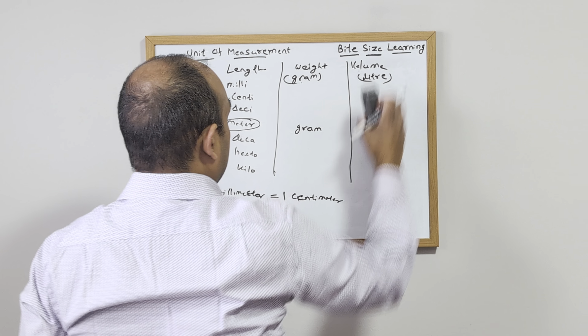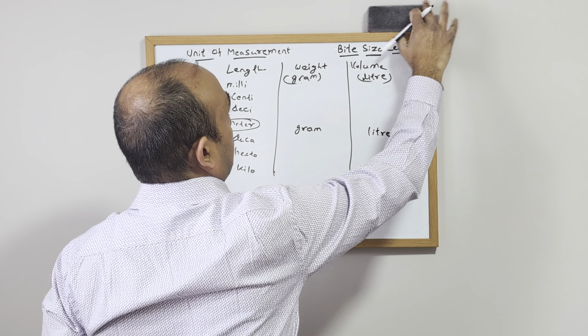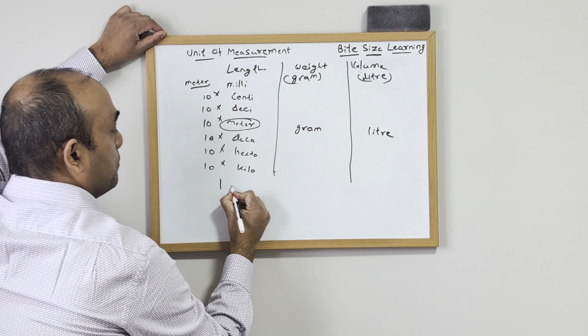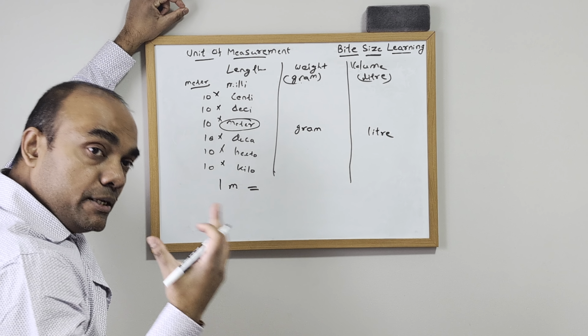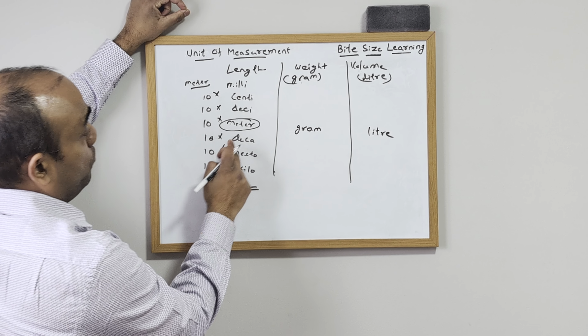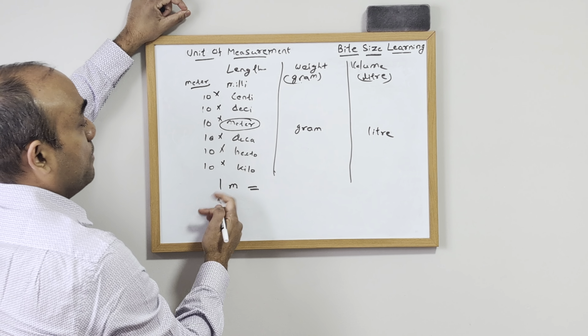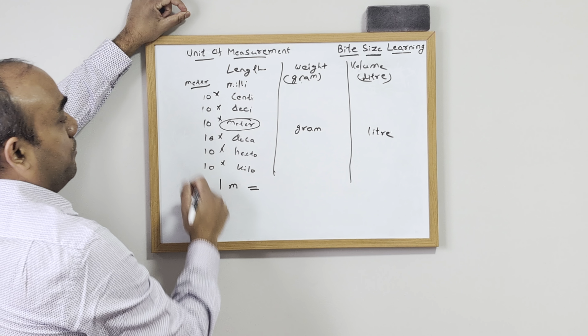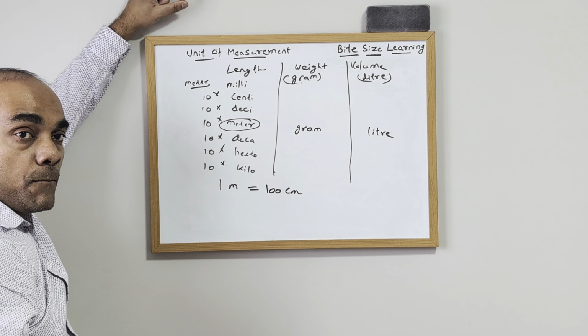So let's understand this by an example, right? So let's say you have 1 meter, right? And you want to know how many centimeters are there in a meter. So meter to centimeter is 10 and 10. 10 times 10, so sorry, 10 and 10, right? So 10 10 10, 100 centimeter, right?